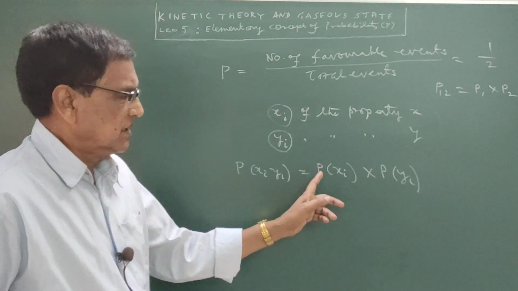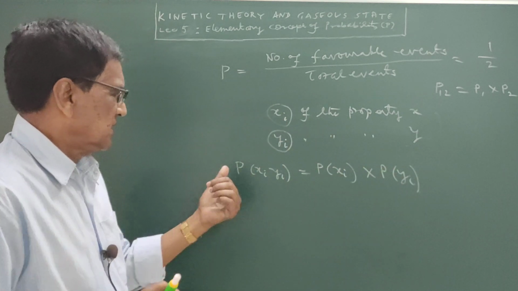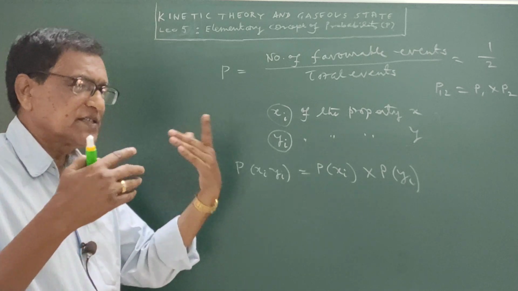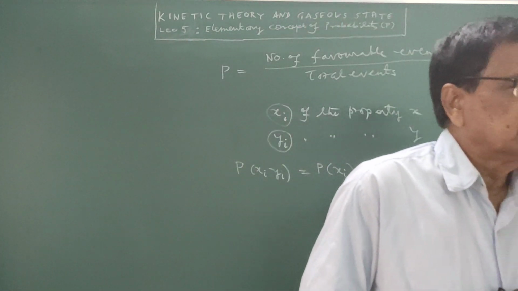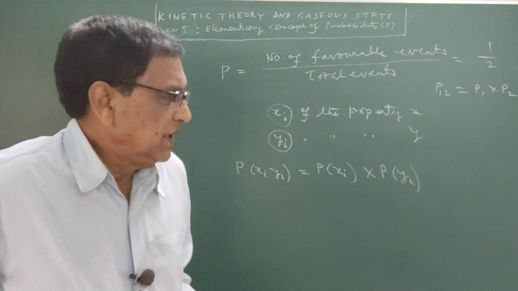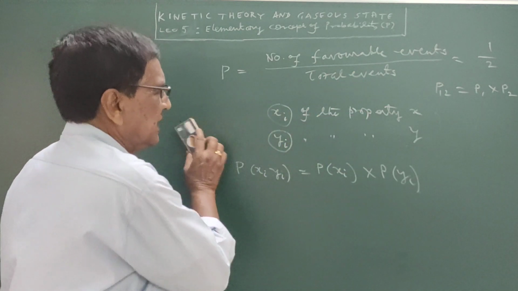These are the individual probabilities, and this is the composite probability when the two conditions are occurring simultaneously. Then I can show you another very beautiful example to illustrate this multiplicative property of probability.